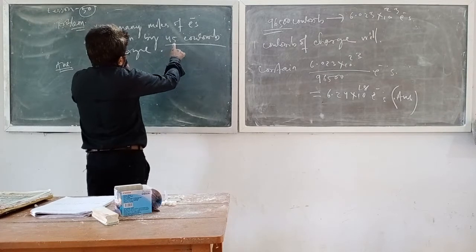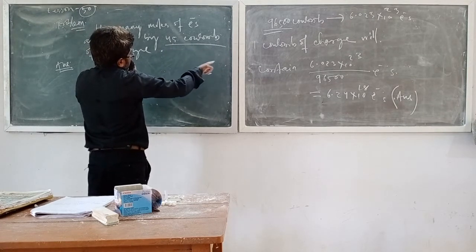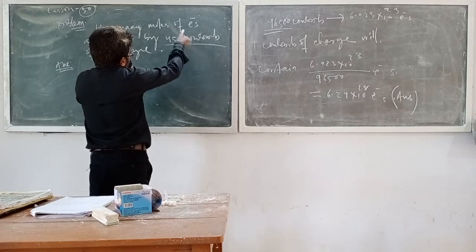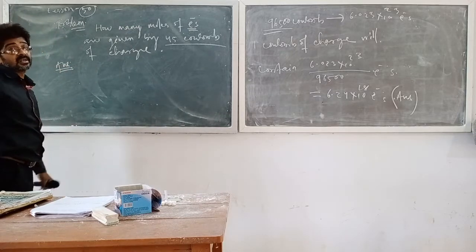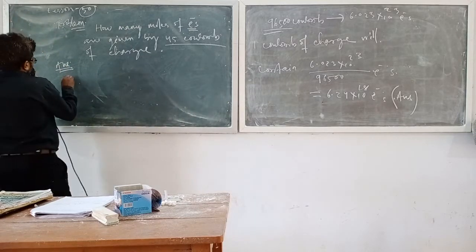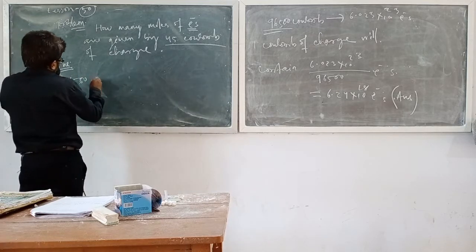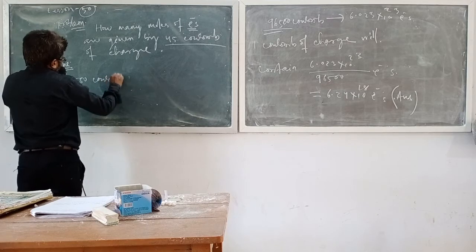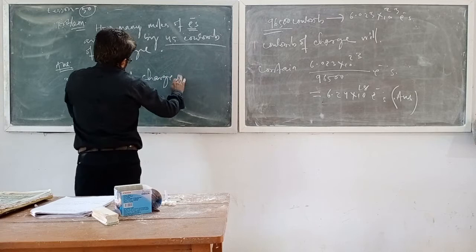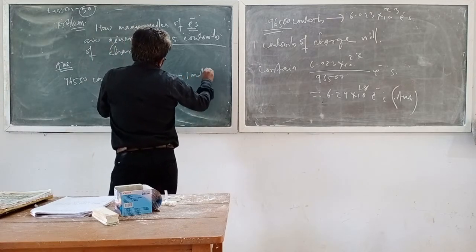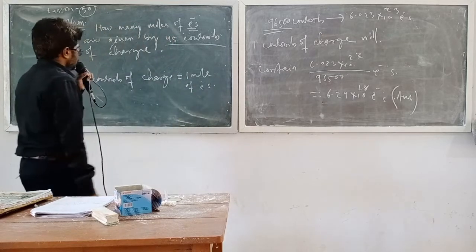If 45 coulomb of electricity passes through, so we can write here 96500 coulomb of charge contain, this is equal to 1 mole of electrons.